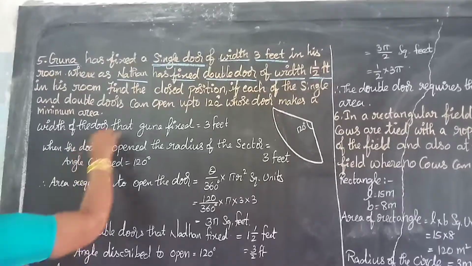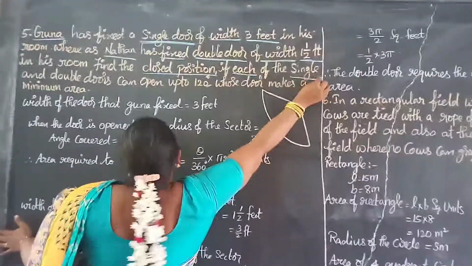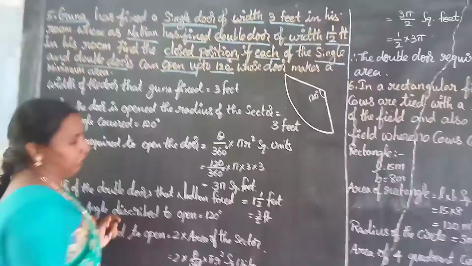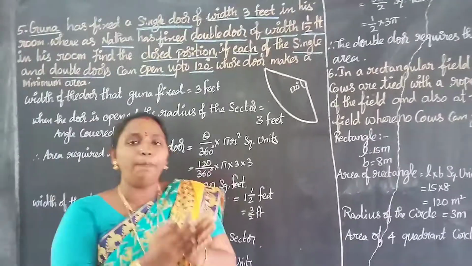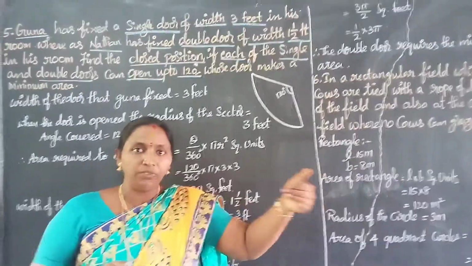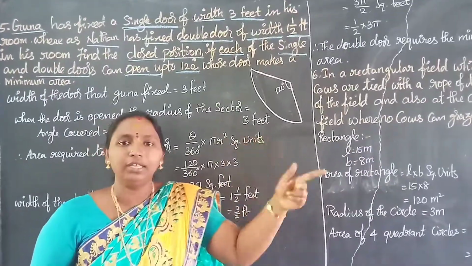So what they asked to find now: find the closed portion if each of the single and double doors can open up to 120 degree. So I am going to open that door to 120 degree, both doors, single door and then double door.